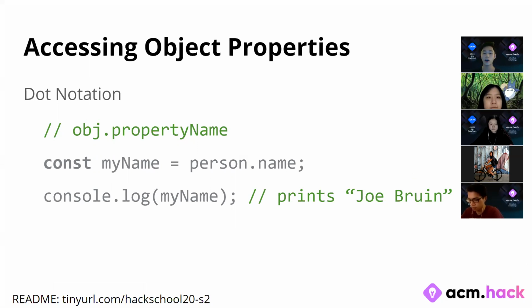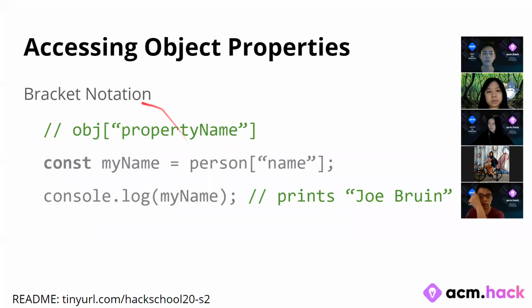Accessing is basically just getting the value from the object, because we have a bunch of different properties and they all have different values. What if I wanted to get the name of my friend? There are two ways to do it. The first way is called dot notation because you use a dot. You just do the name of your object, dot, the name of your property, and that will get the name inside the object you're referencing.